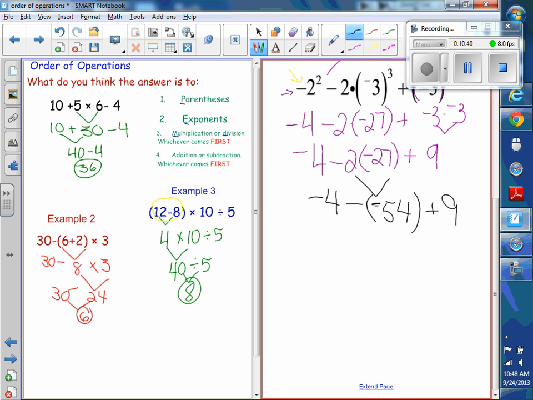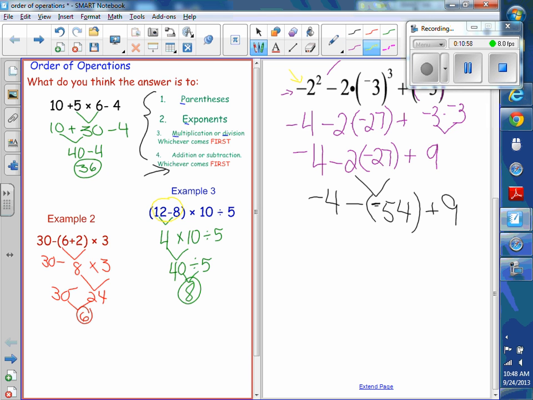You do the negative 54 plus 9. You don't. You work left to right. So go back to these. You do addition or subtraction, whichever comes first. So now if you look at our whole order of operations, the only thing we have left is addition and subtraction, so we work left to right. So you're gonna work with these two first.